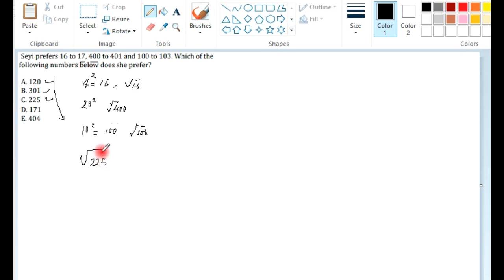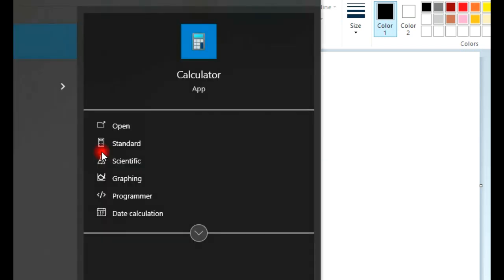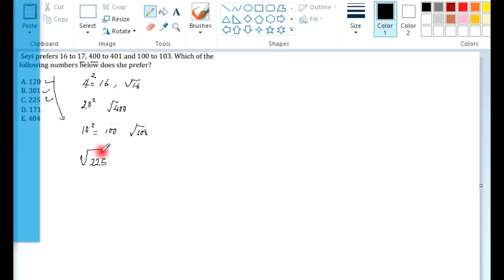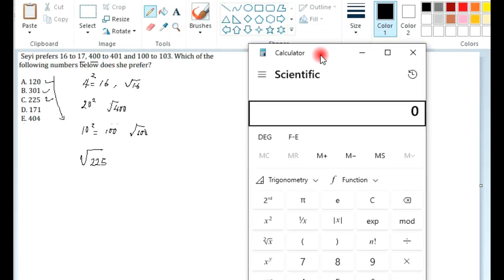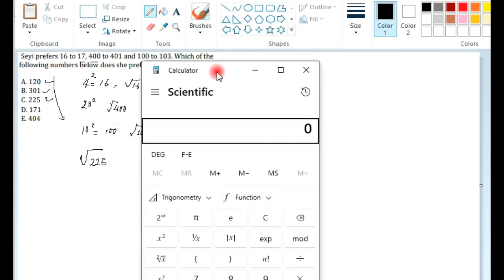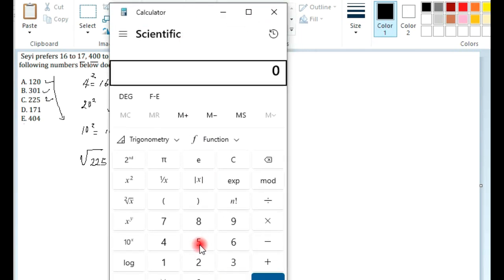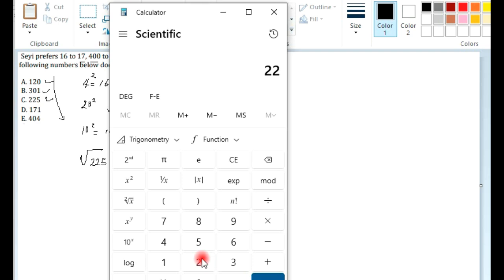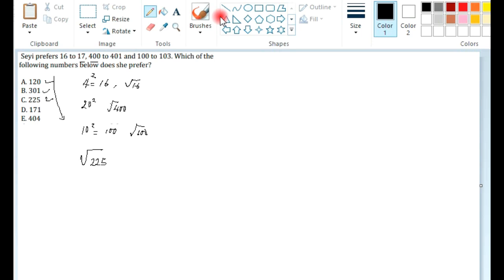If you check the calculator, let me bring it over here. You can take the square root of 225, right? You see, it's 15. So in this case, I think our answer is going to be this guy here, because this can be 15 squared, and it is just 15.